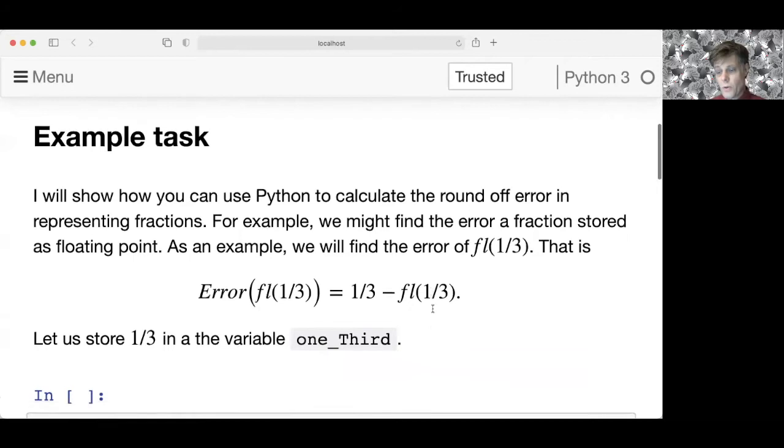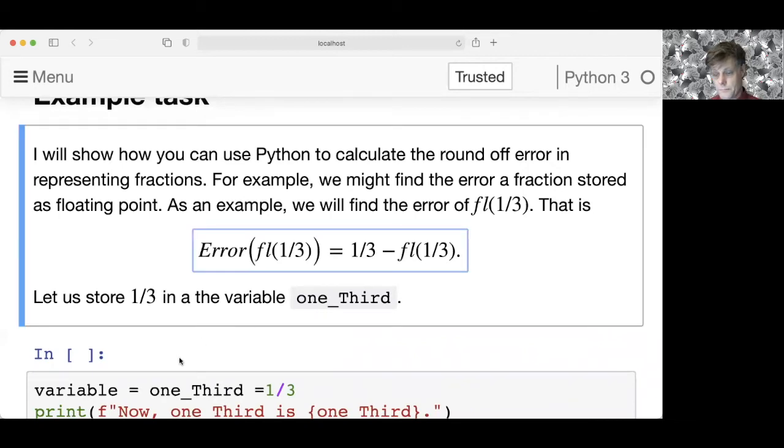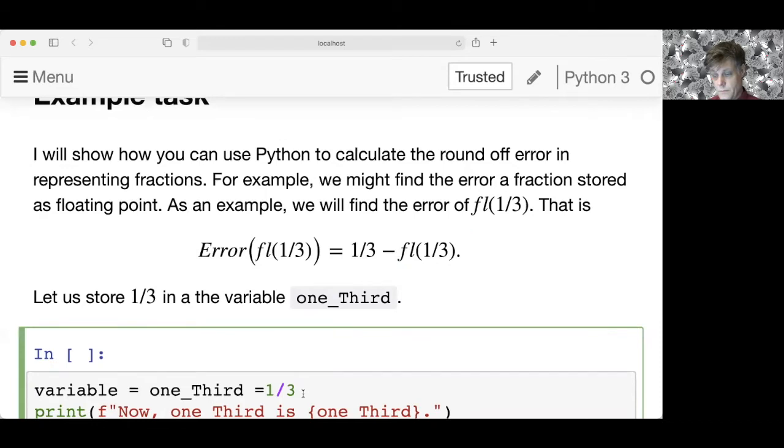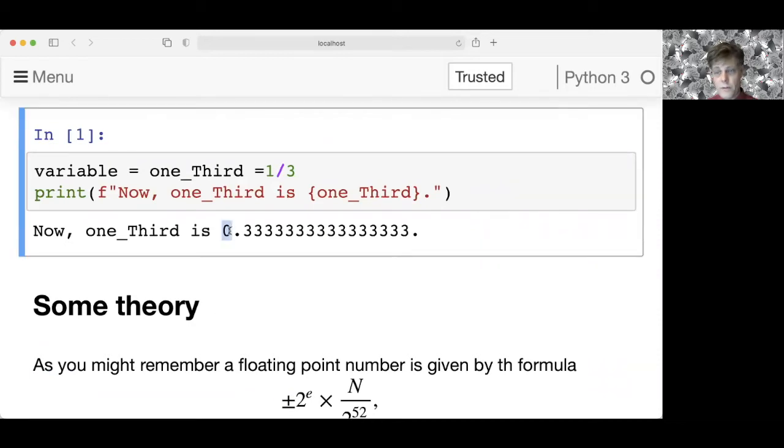We store this number 1/3 in a variable. And now you see that 1/3 is written here as 0.3 and a lot of threes.